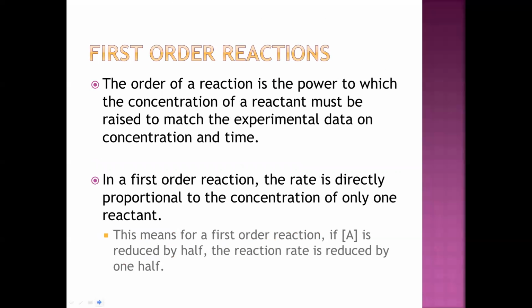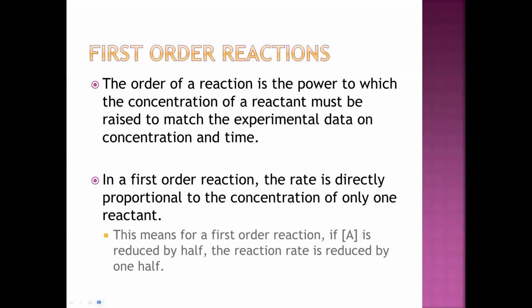So in addition to having the rate equals K times the concentration, we also have what are called orders. The order of a reaction is the power to which the concentration of a reactant must be raised to match the experimental data. So if it's a 1, we call that first order. So in the example we just had, that was actually first order because there was no exponent there.